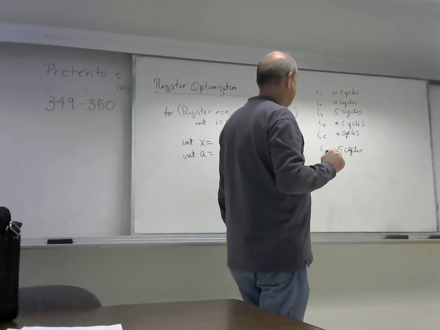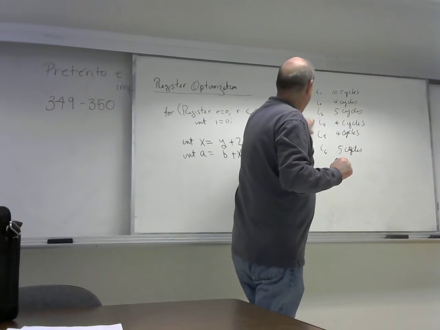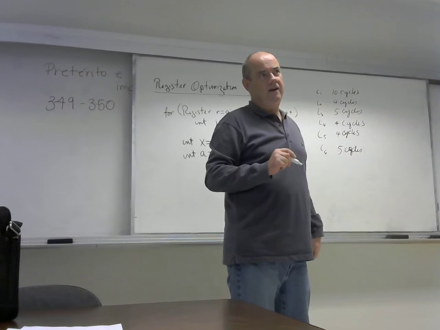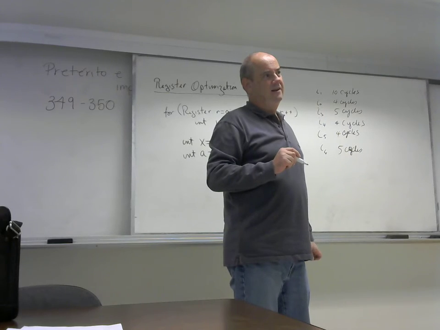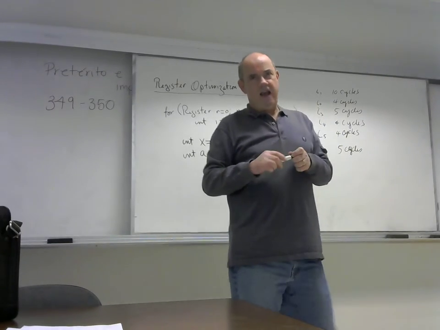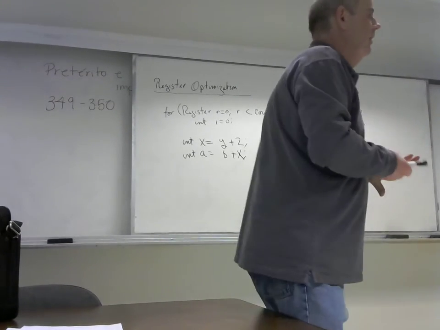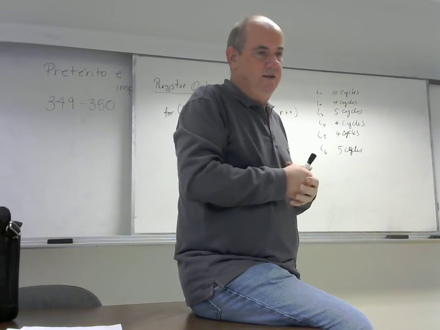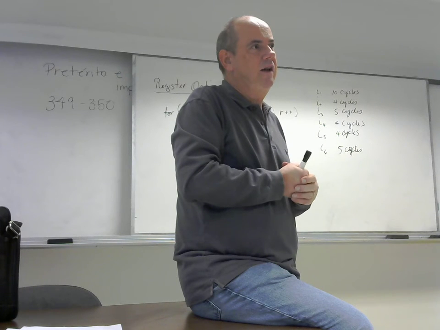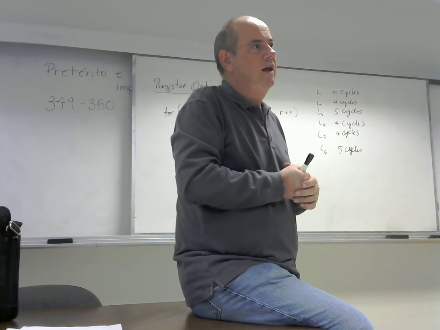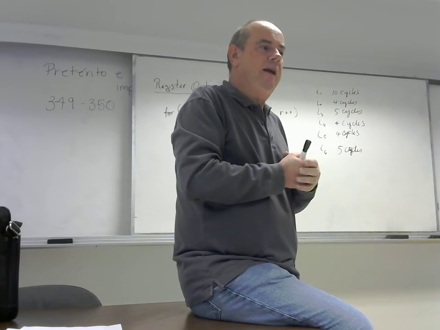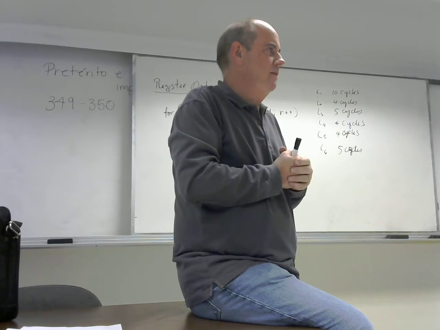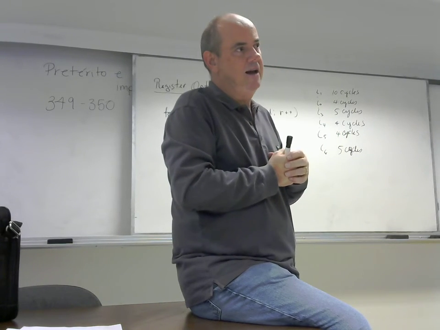So after 5 cycles, what do I have? 1, 2, 3, 4, 5 things done. So I can actually do more work than 1 cycle. So in this way, a 1 gigahertz computer can do more work than a 3 gigahertz computer that doesn't have as efficient or sophisticated a design.